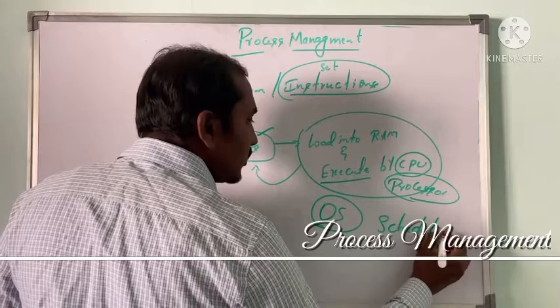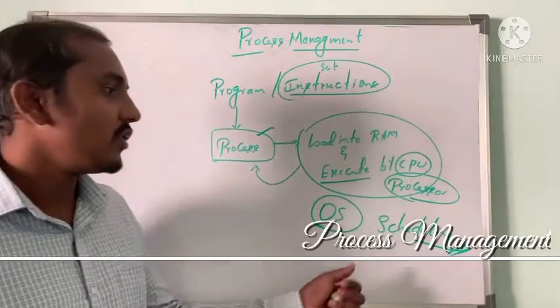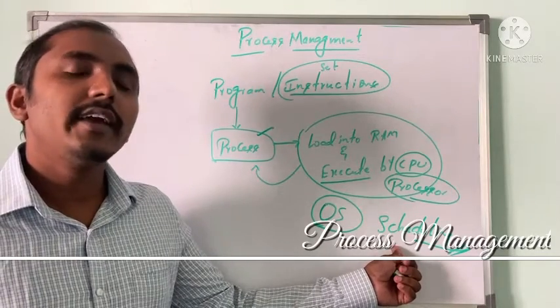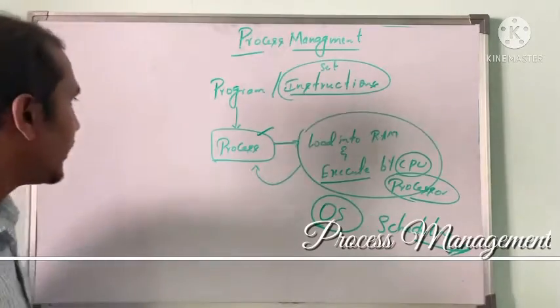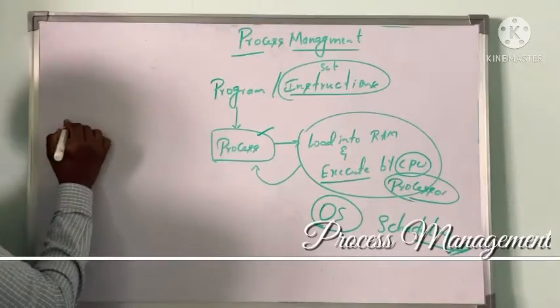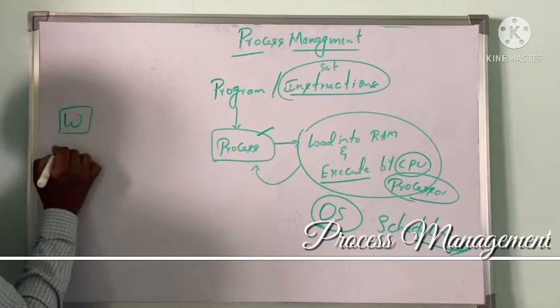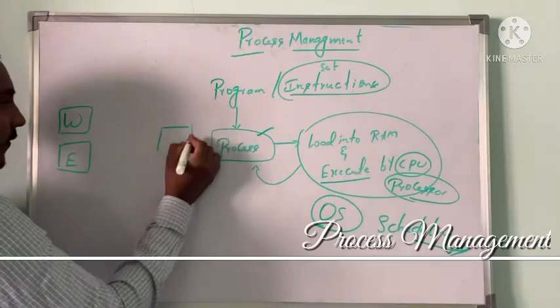So what is scheduling? Scheduling is nothing but the operating system selecting a process for execution. Say I have MS Word as a program, Excel as a program, and I have my processor.